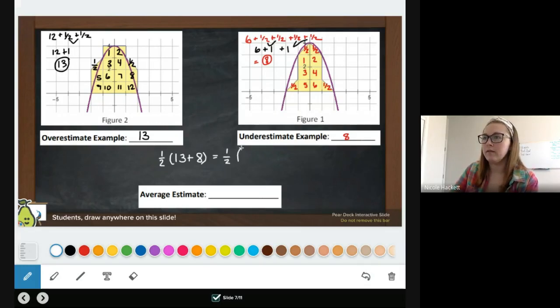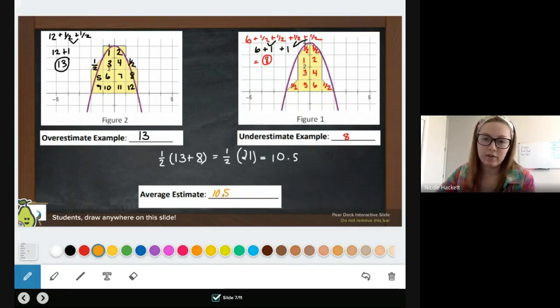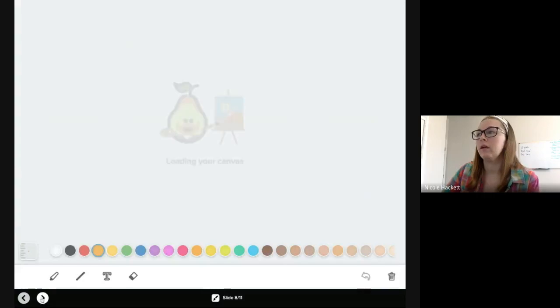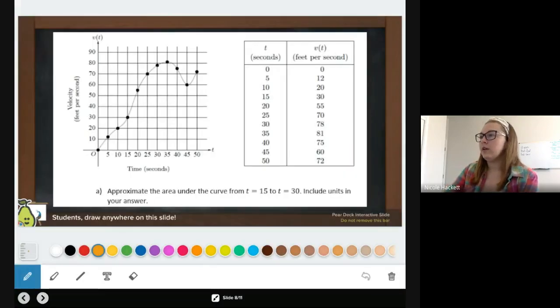So half of 21 is going to be 10.5. So our average estimate is about 10 and a half. It covers about 10 and a half square units. We need calculus to actually verify what the exact amount is, but I'm pretty confident we've got a pretty good estimate here.